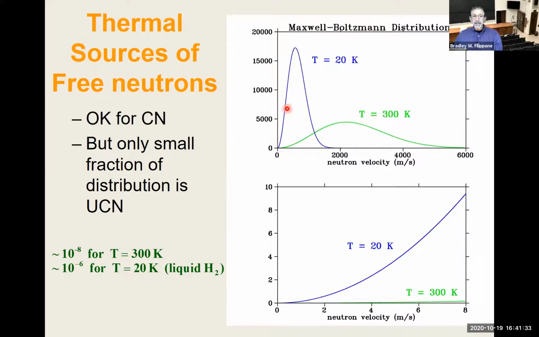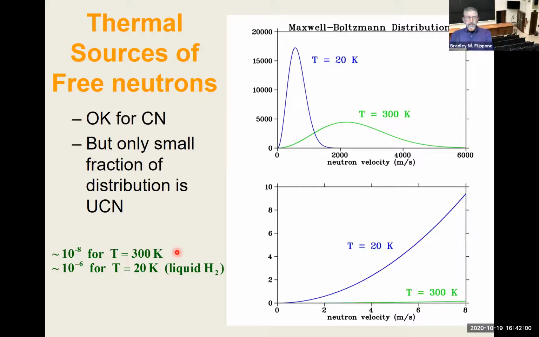But if you take the same distribution I show on the top and the same scale, 500, 5,000, 10,000, 15,000, how many per neutron velocity, and you extrapolate down below, now this is 8 meters a second, this is what's left. For a 300 Kelvin moderator, I calculate over here only about 1 in 10 to the 8 neutrons is at the ultra cold neutron level, so you're going to get very few out.